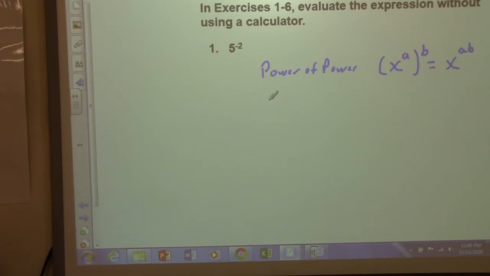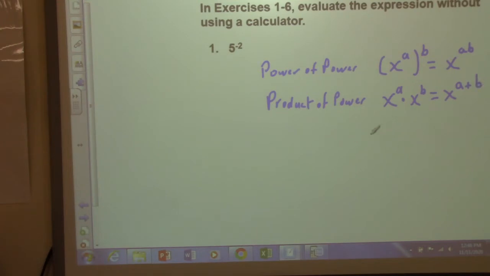Angel got it. Next one we have is called product of power. If we have x to the power of a times x to the power of b, that's going to be equal to x to the power of a plus b.